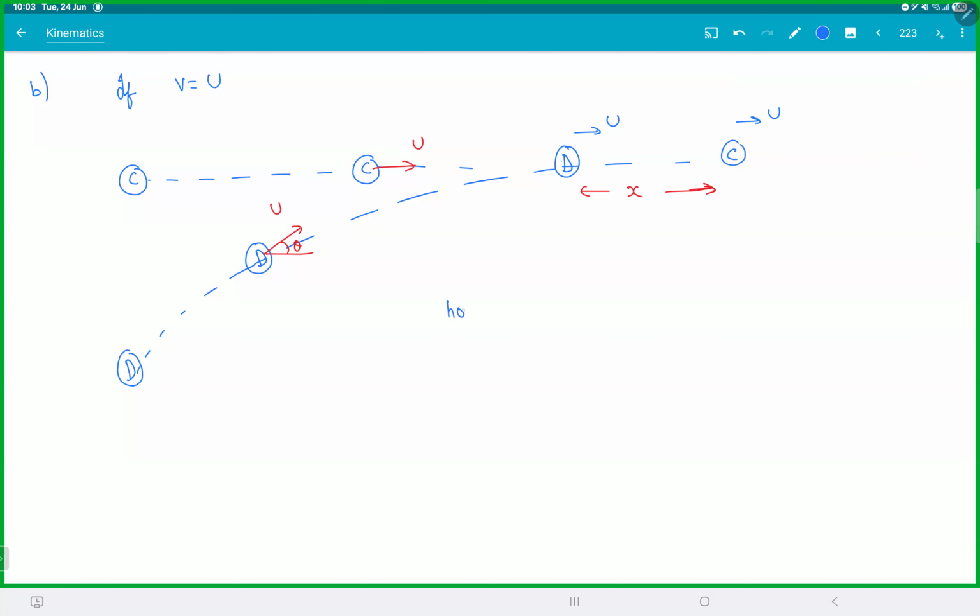If you take the horizontal distance traveled by the cat, that will be u into t. The horizontal distance by the dog will be integral v cos theta dt.